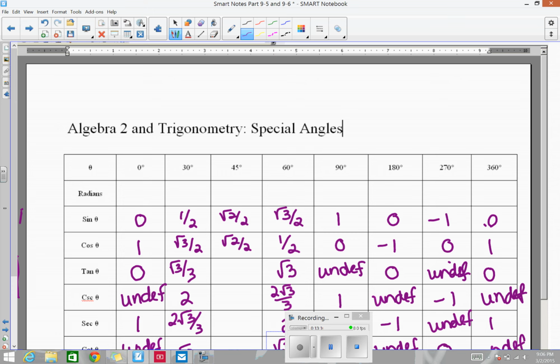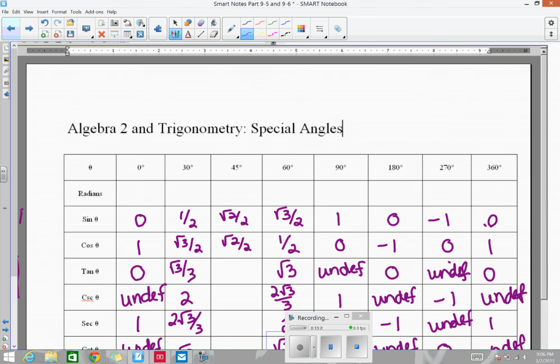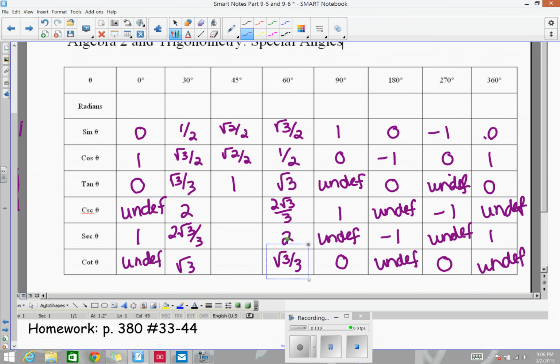And tangent, opposite over adjacent, 1 over 1. Remember that this was 1 over the square root of 2 before we rationalized it. So when we flip it, we get square root of 2. And reciprocal of 1 is 1.